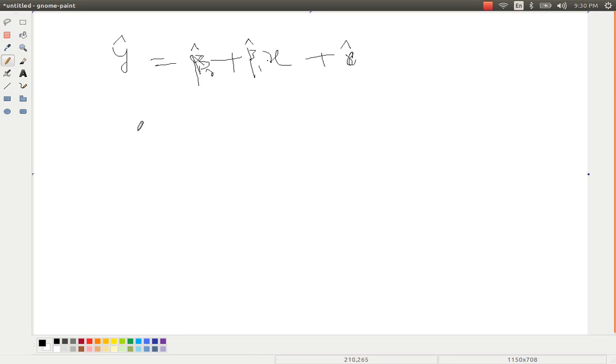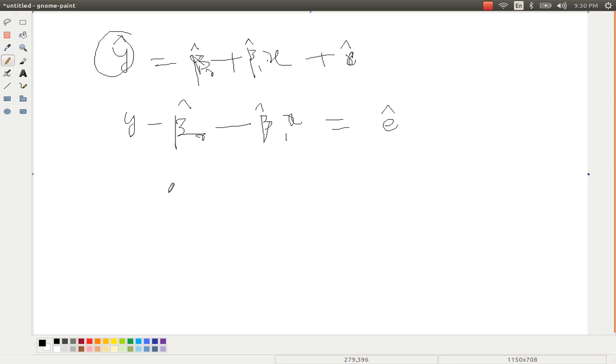So this is actually the fit value. Y hat is a fit value, and now, let us assume that this is an actual value. The actual value minus beta naught minus beta 1 x is going to be the error.